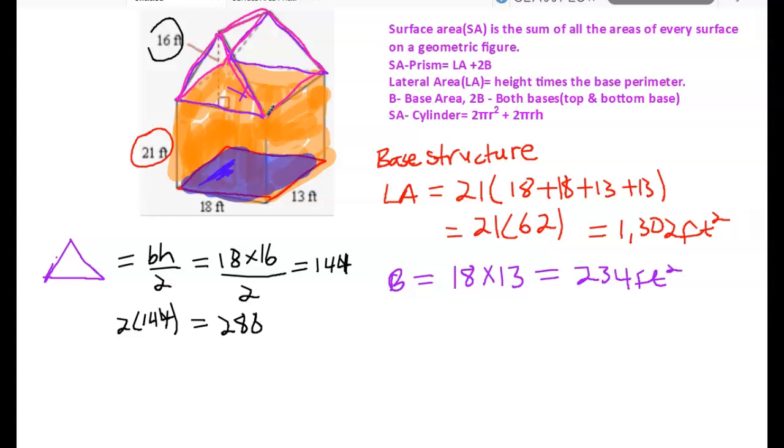Okay, so we know this side, which is 13 here. We don't know this side here, but we can use the Pythagorean to get that piece here, because we know the height was 16, and this here is halfway, so here is 9. This length here, we can call it d or whatever. As we are looking for that one, we have to use the Pythagorean.